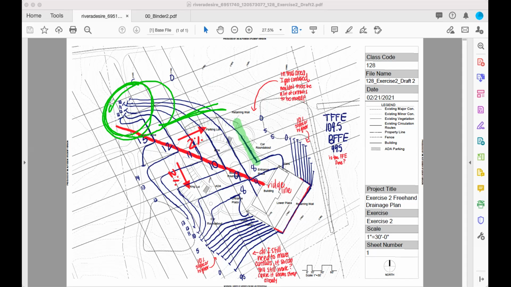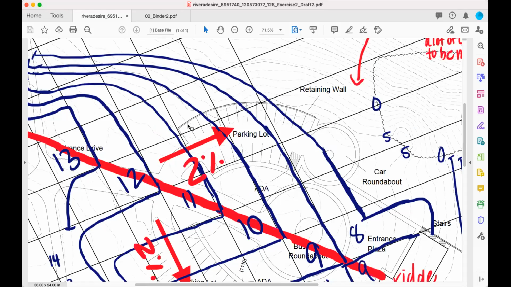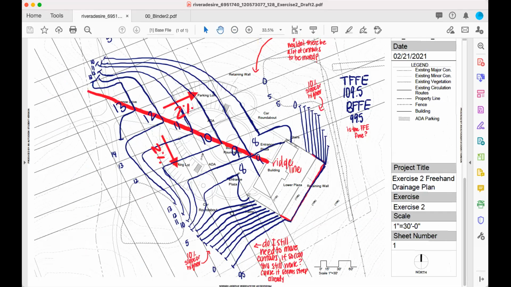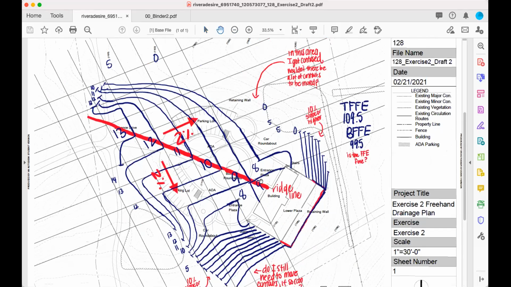Now let's zoom into this area because I can see a few other issues that have to be solved before we get into adjusting the connection of the contours. All right, that's a little too big. Maybe just about right.